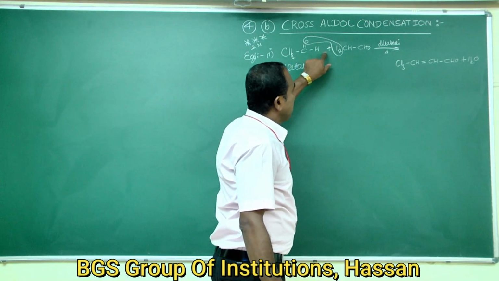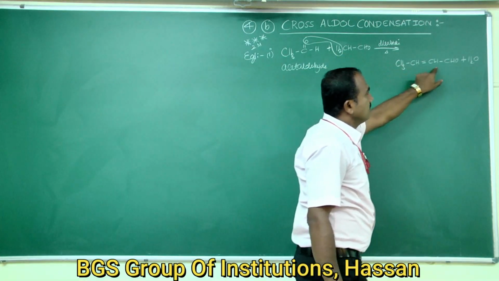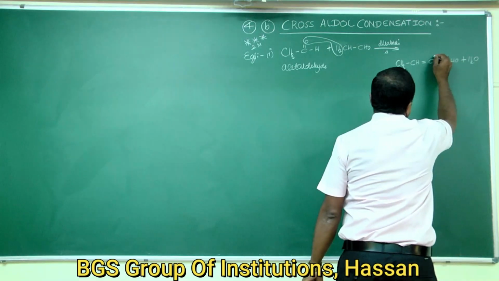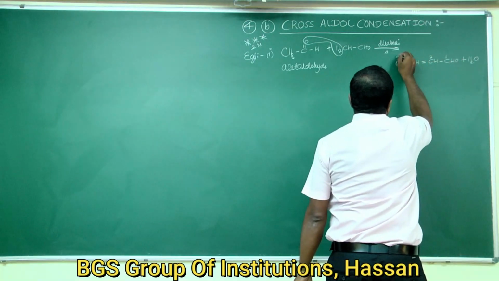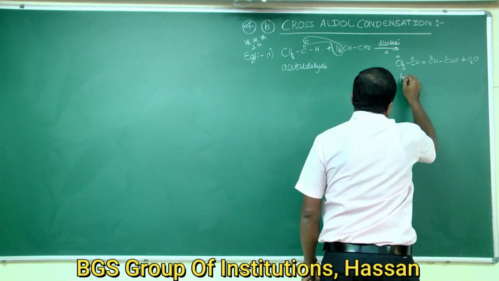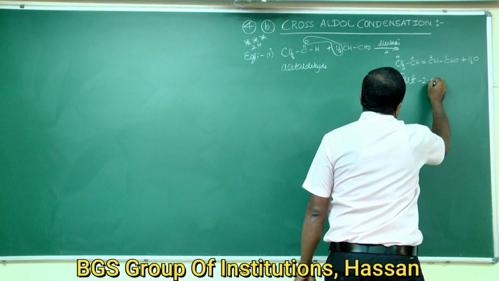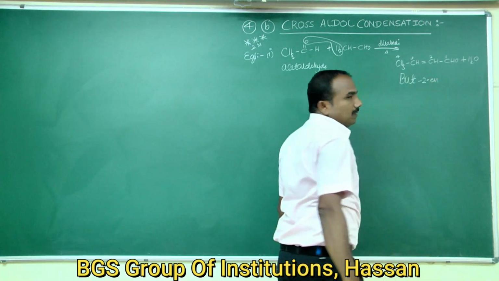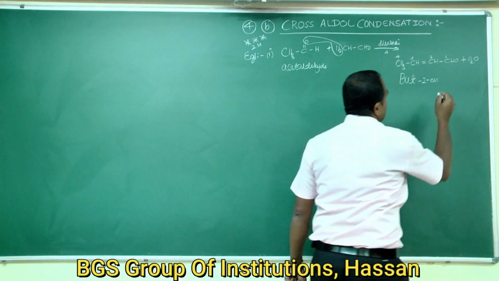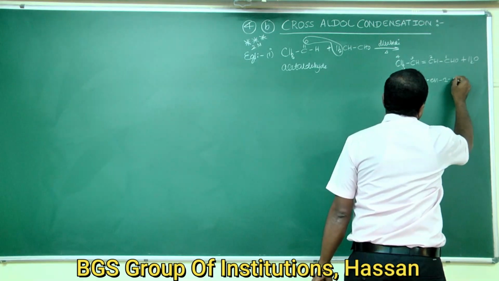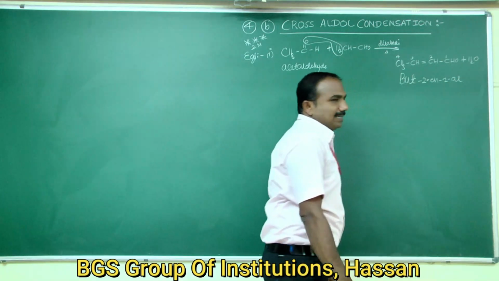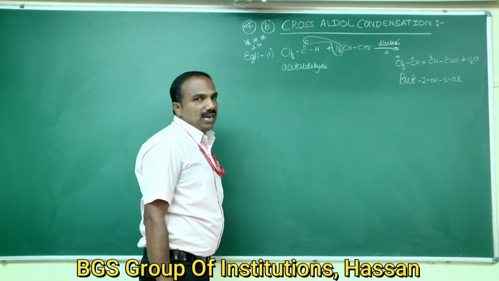The name of this cross aldol: 4 carbon atoms, root word is but. Second position, there is a double bond, so 2-ene. First position is aldehyde, al. That is 2-butenal.